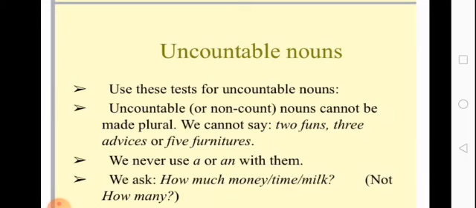Clear? We cannot say 2 funds, 3 advices, or 5 furnitures. Clear? We never use a or an with them. We ask how much money, time, or milk, not how many. Clear? We cannot make plural of uncountable nouns.